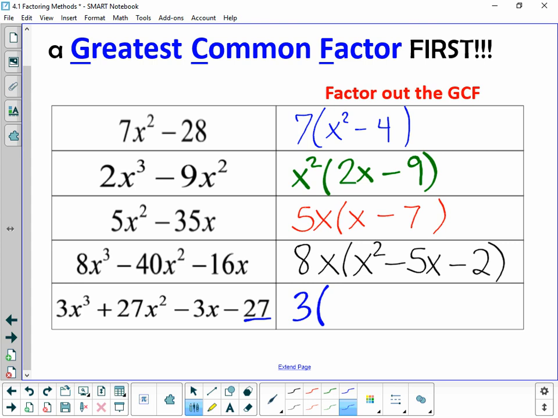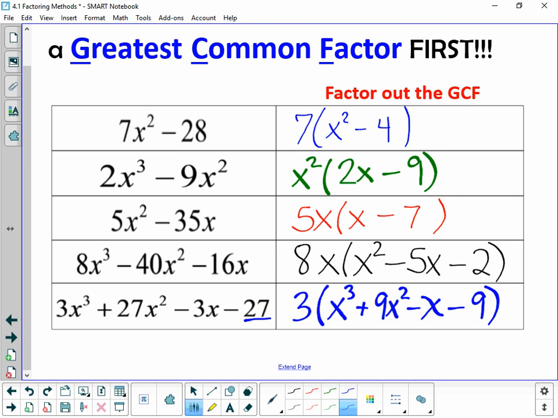If we factor out a 3 in the first term, that will leave behind x to the third. If we factor a 3 from the 27x squared, we're left with 9x squared. If we factor out a 3 from negative 3x, we just have negative x, or negative 1x if you like. And this last term would be a minus 9.